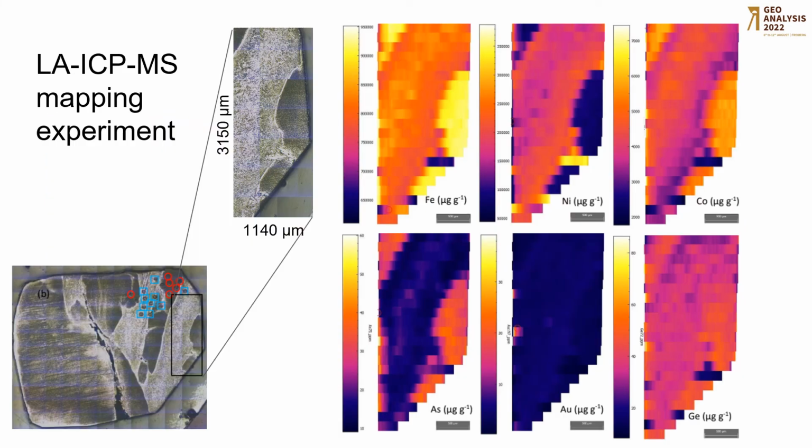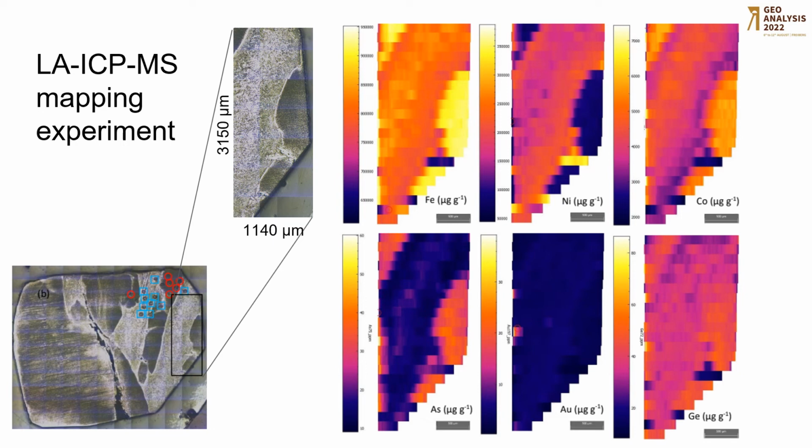Using this sample as a case study, we explored elemental mapping using LA-ICP MS for chemical classification of iron meteorites. We selected this area containing both kamacite and plessite phases for evaluation.